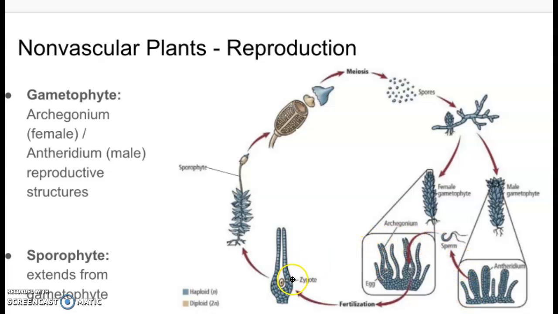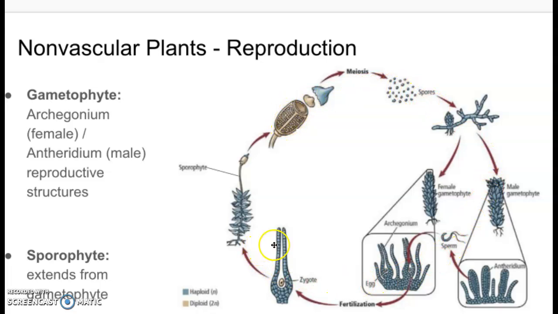So the sperm is going to enter the archegonium, like here, and fertilize the egg, and then you're going to end up with a plant that has a long, narrow, skinny antenna, and in the little top round container, that's where the spores will begin to divide through the process of meiosis.